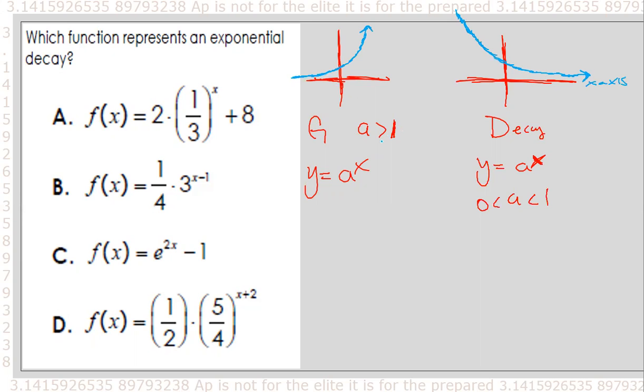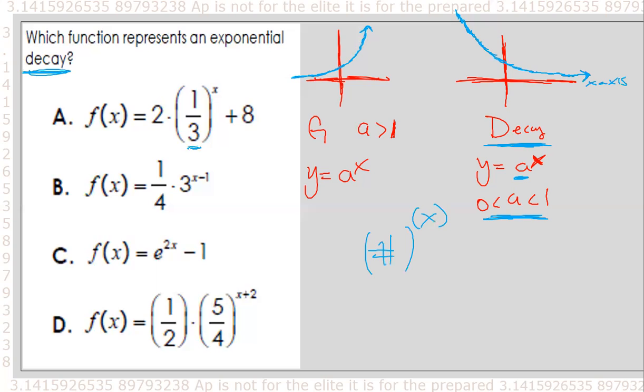Now, what I want you guys to know is, hey, they want us to find out which one of these is representing exponential decay. Meaning, we want something that is decreasing, right? So my value of A, which is always the number that has the exponent x, has to meet this restriction between 0 and 1.